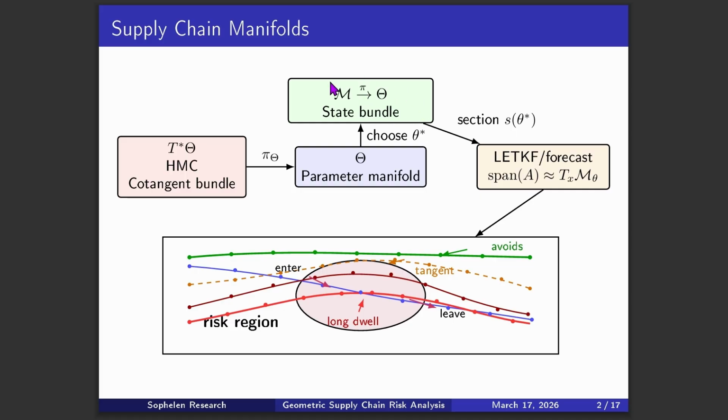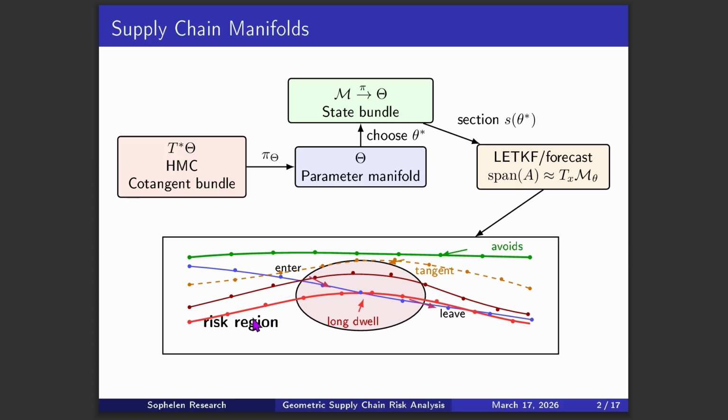Once we have chosen a set of supply chain manifolds, then per manifold, we do a 7 to 14 days rollout. In the last video, from the rollout, we calculate various metrics like expected cost and tail cost. But another cool thing you could calculate is how the path interacts with the risky region.